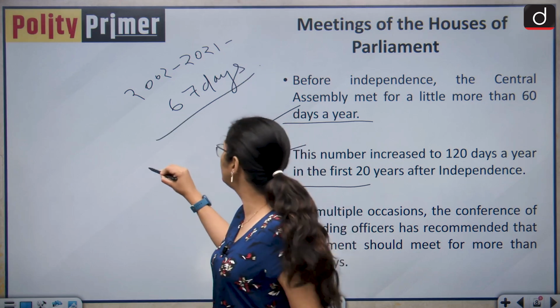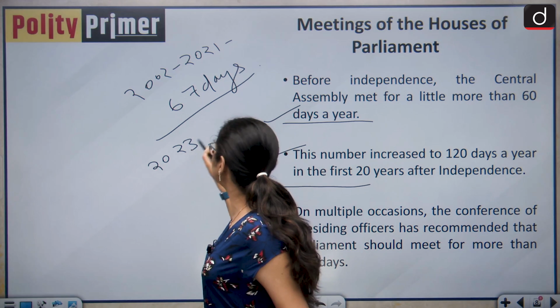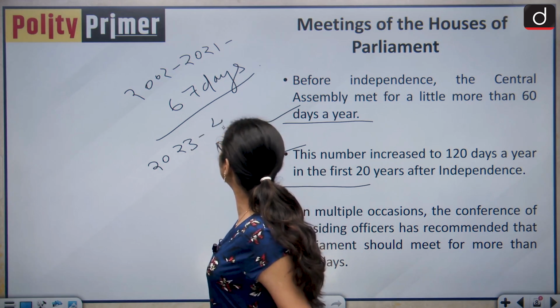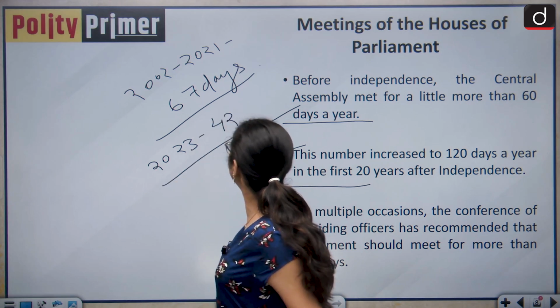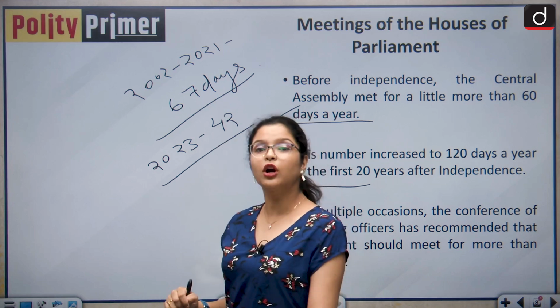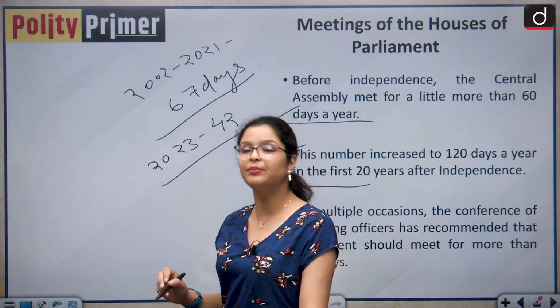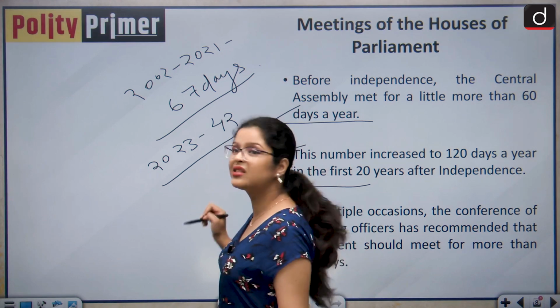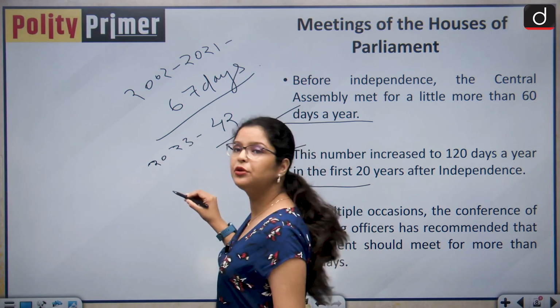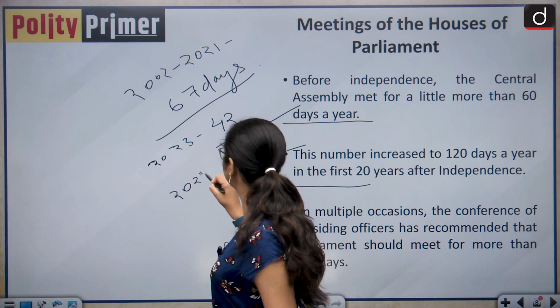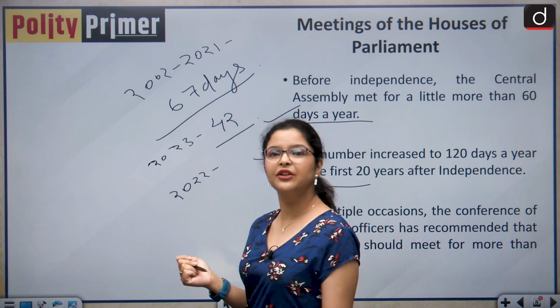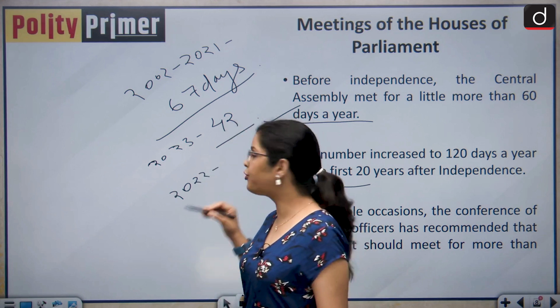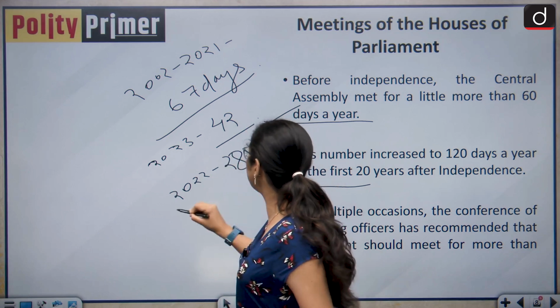If you talk about 2023, that is the current year, the Parliament has only worked for 42 days. If you talk about the state legislative assemblies, they even have a lesser number of working days. In 2022, the state legislative assemblies' average number of working days was only 28 days.